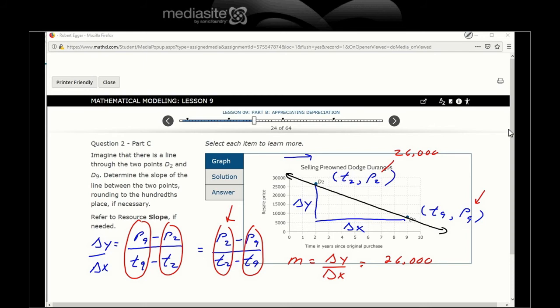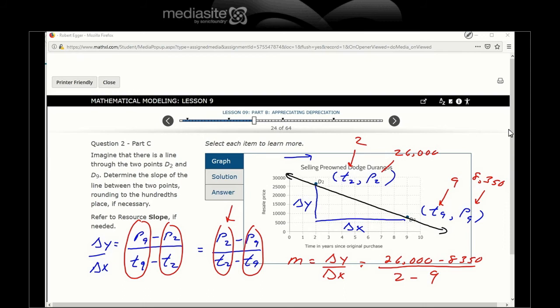P9 was 8,350. And then T2 would be 2 minus 9.